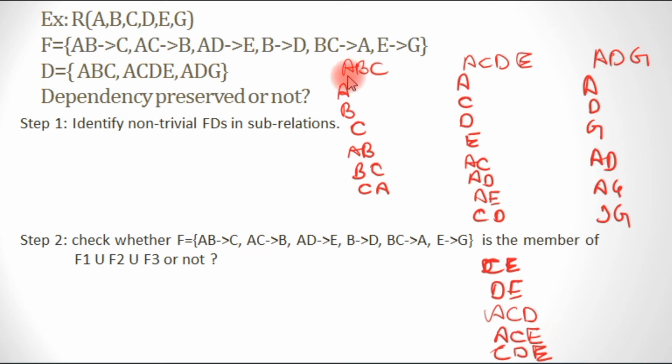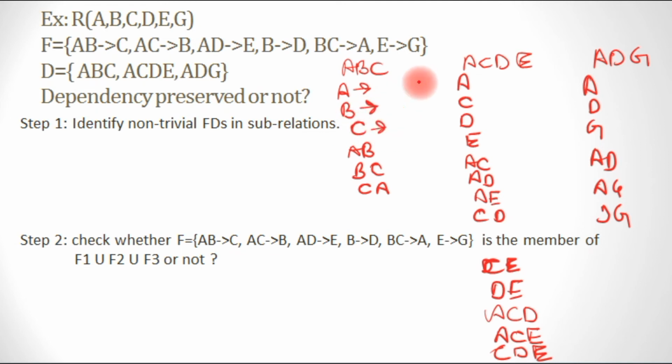You have to find the attribute closure of each of these attributes. So you just see here and give your answer. Can A determine anything, B or C? A cannot determine anything. Can B determine anything? Yes, B can determine D, but nothing more.